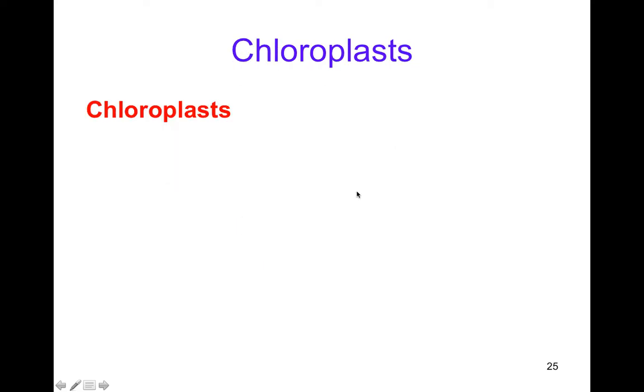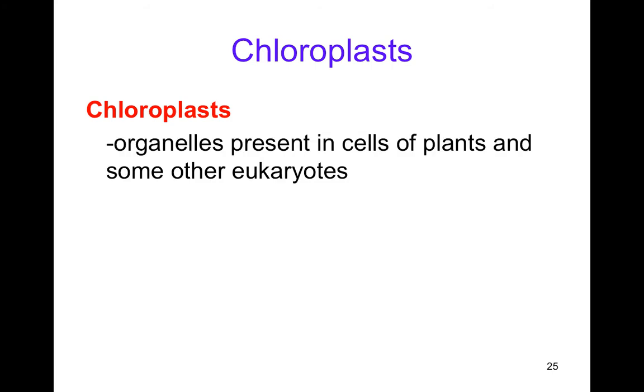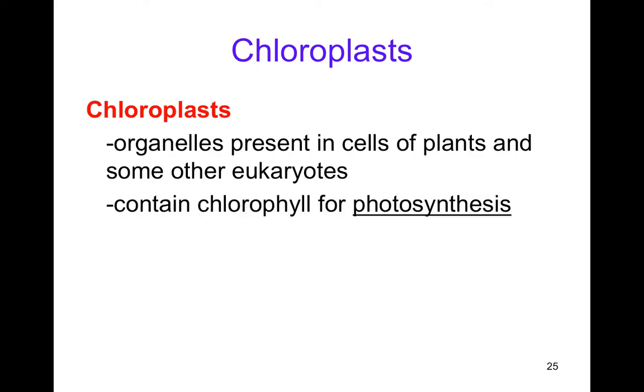All right, chloroplasts. Chloroplasts are kind of similar to mitochondria, but they're also very different. Chloroplasts are organelles that occur primarily in plants, and also in some other eukaryotes, but they never occur in animal cells. So that's one of the main differences between plant and animal cells: plants have chloroplasts, animals do not.